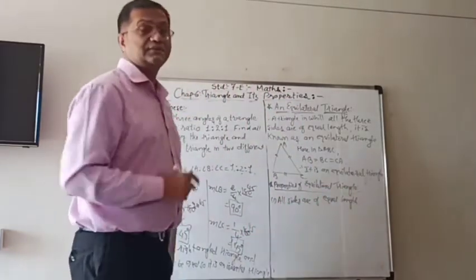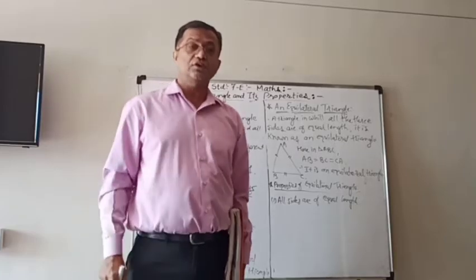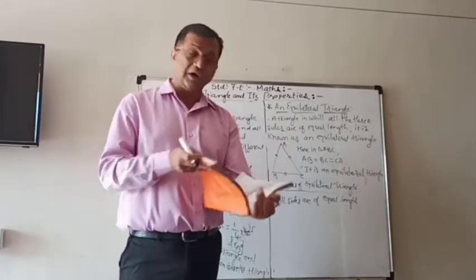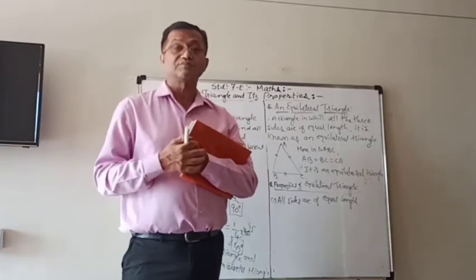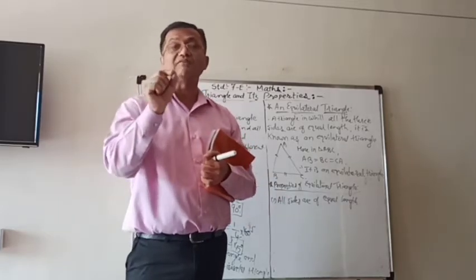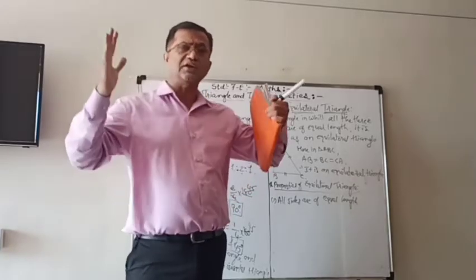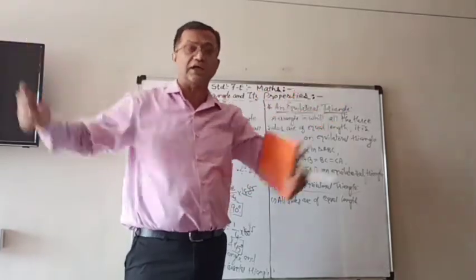Now if you measure all the angles of an equilateral triangle, then all the angles will be equal and each angle will measure 60 degrees. It doesn't matter whether it is a small triangle or a big triangle or the biggest triangle.